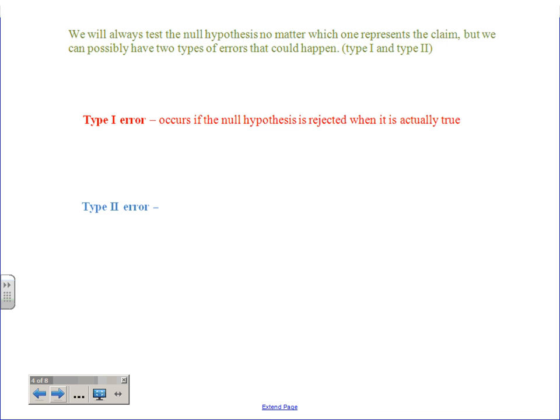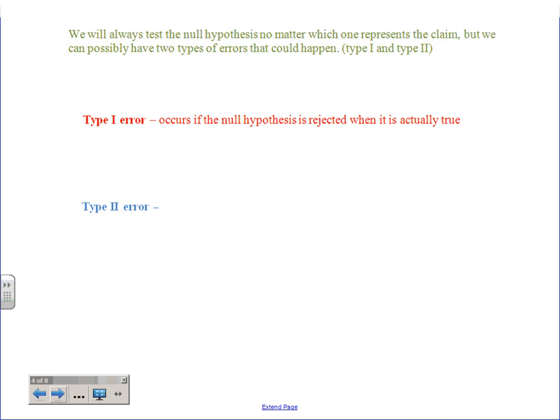You try to reject it. It's the only one that can be rejected. The null hypothesis can be rejected, but doesn't have to be. But I can't support it exactly. The null hypothesis can be rejected. And so we're going to try.